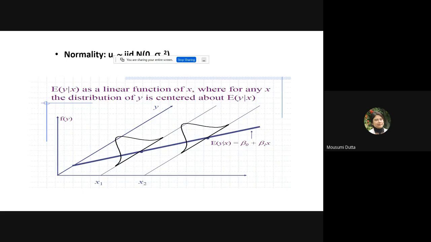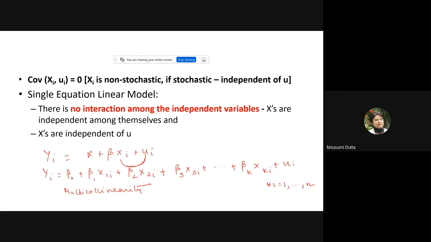Okay, so the next assumption is normality of the error term. Now I am giving an assumption based on the distribution of the error term. So far I didn't mention anything about the distribution of the error term, so let's recap the 4 assumptions. Expectation of ui is equal to 0, the unbiasedness assumption.